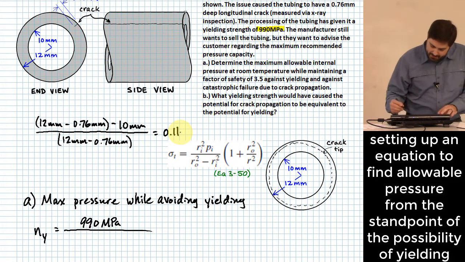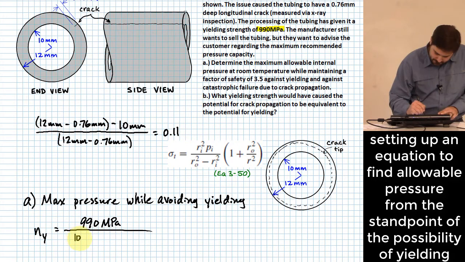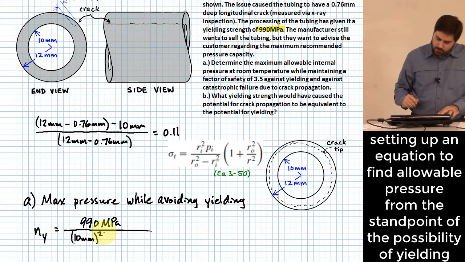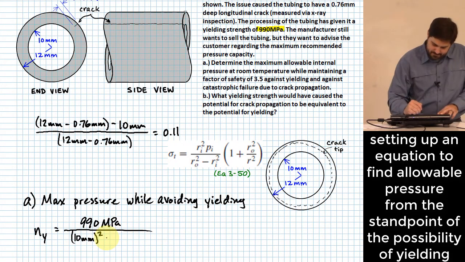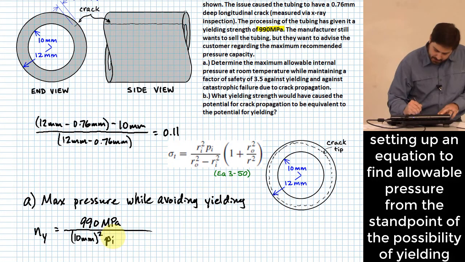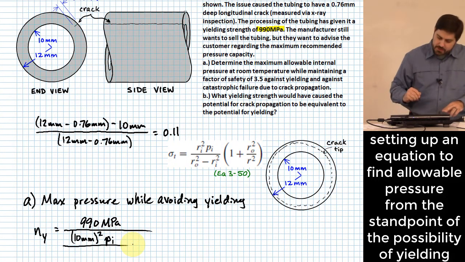What's Ri? Okay. 10 millimeters, and that's squared. What's P? P is what we're trying to find, right? So I'll just leave it in there as a variable. Okay. I can call it Pi if I want there. Divided by, what should I use for Ro?